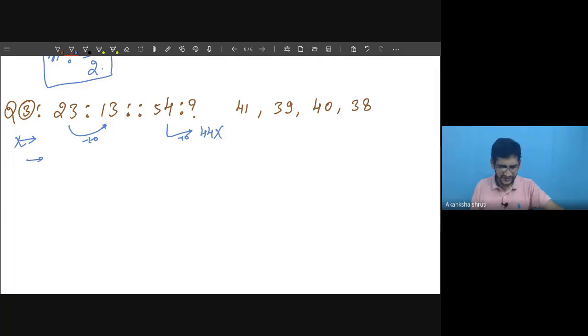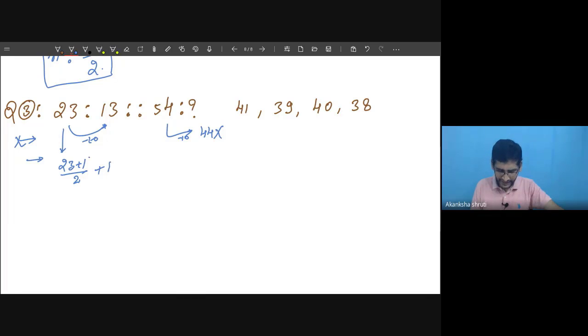Go for the other one. What can we think of? Student, the other one, recall your concept related to multiplication or division, whether that is being followed here. So our 23 can be understood like this: 23 plus 1 by 2, we are able to reach 12.